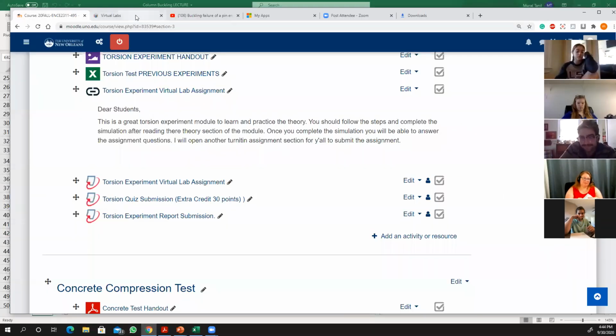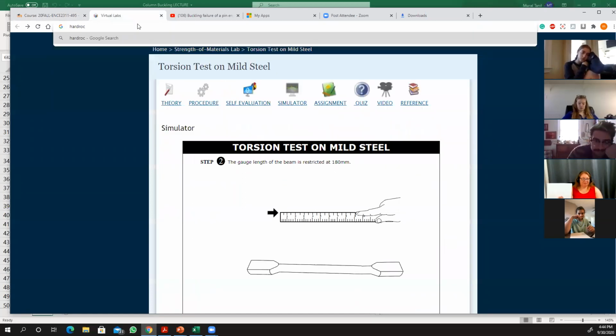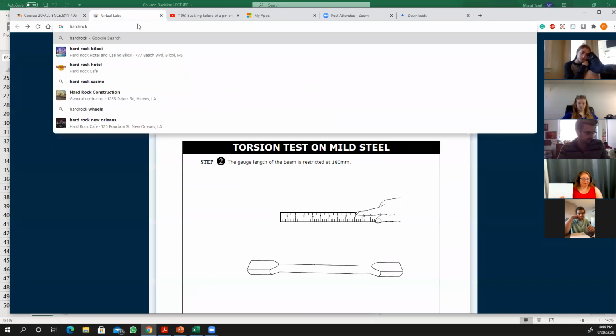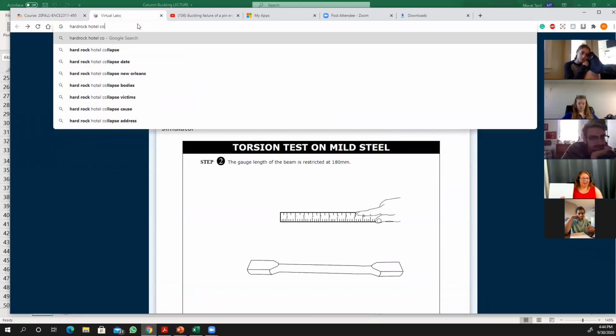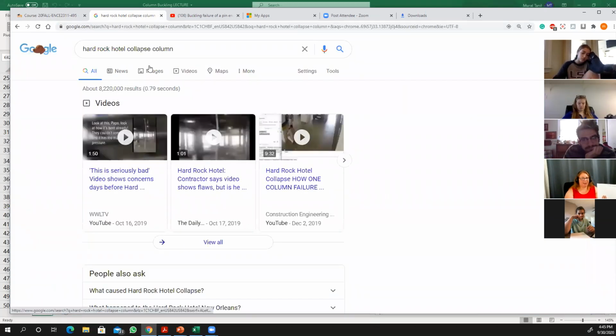Okay, I'm going to pull up something. Like I said, this is going to be more discussion than lecture. Hard Rock collapse. We're going to look at the columns at the Hard Rock Hotel. There were a lot of things wrong with the Hard Rock. How much concrete, how much support they had when they were building it wasn't enough.